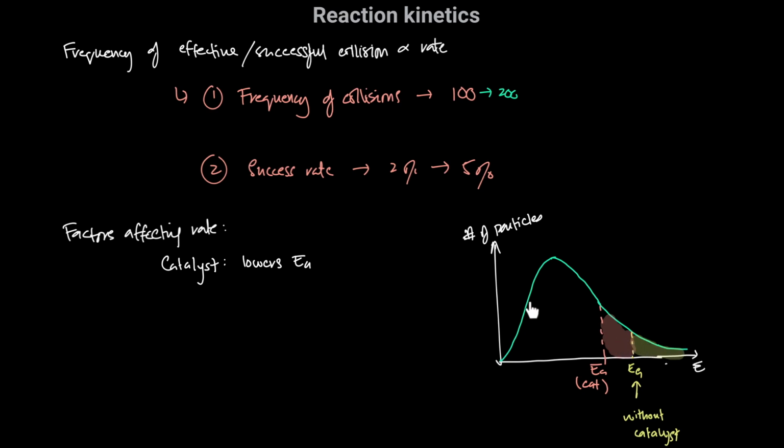Because we've lowered the activation energy, more molecules collide with energy greater than or equal to the activation energy, and therefore we can say the frequency of successful collisions increases.